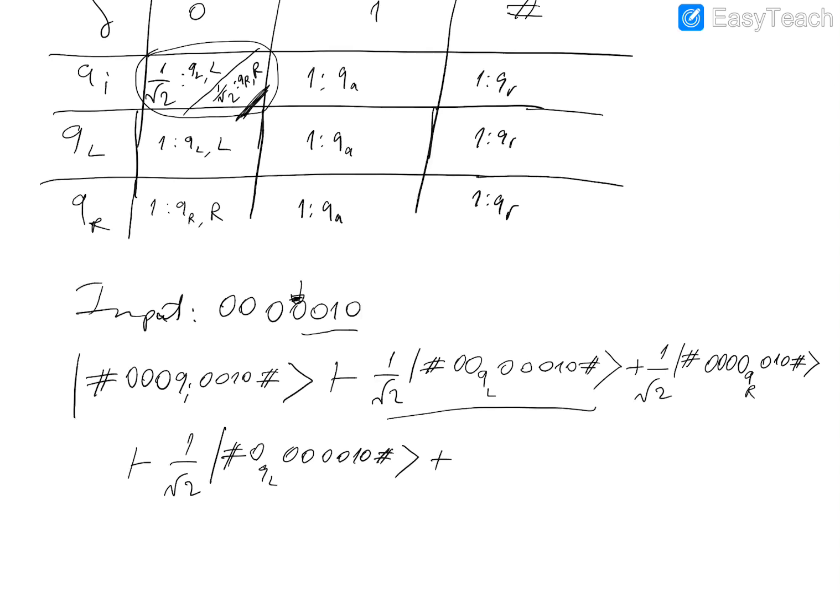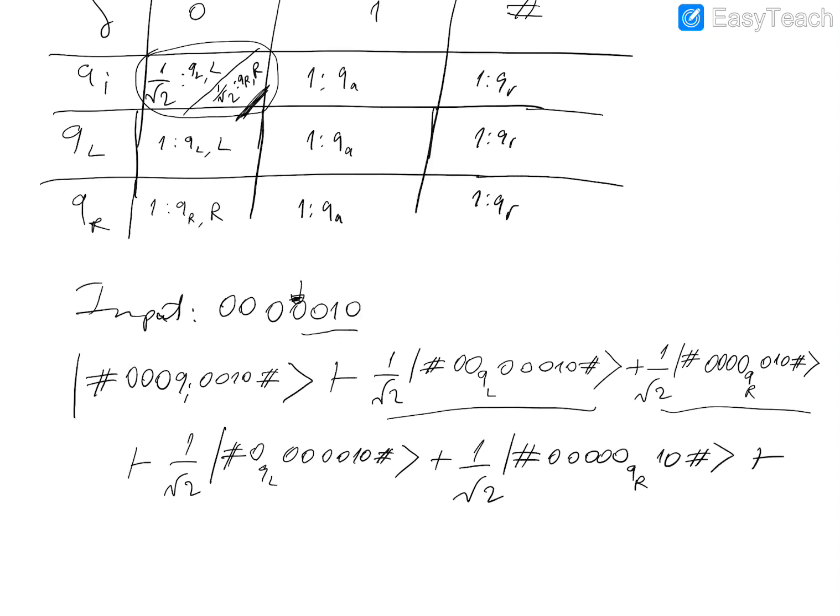Plus, then we will evaluate this 1 over square root 2, hash. We keep moving to the right, so we have 0 0 0 0 0, QR, 1 0, hash.